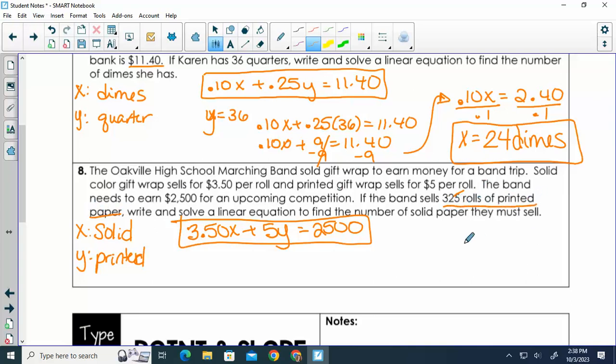Which one is my printed? So my Y is 325. So we have 3.50x plus 1625. Subtract that over.